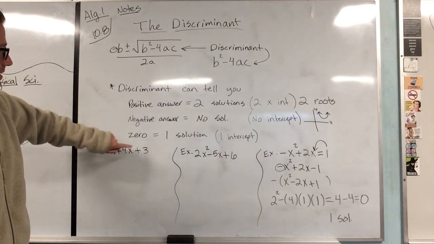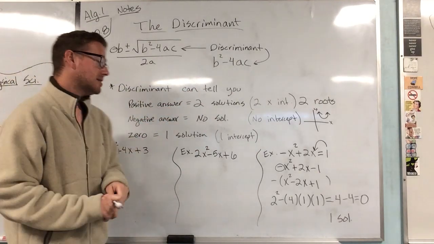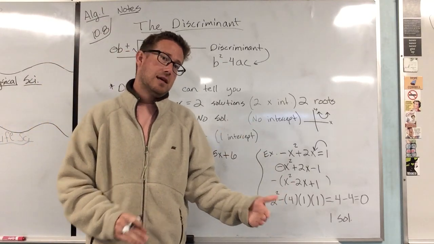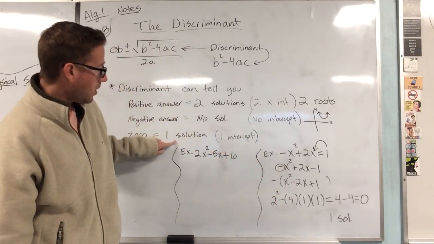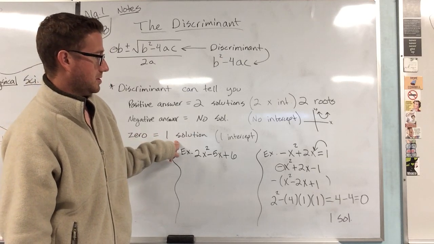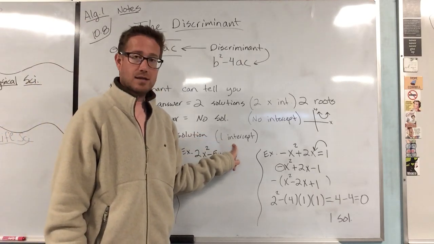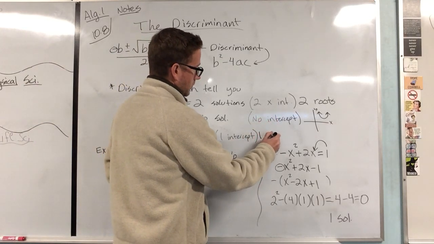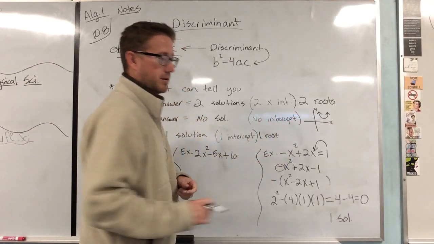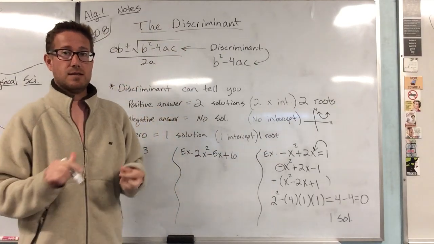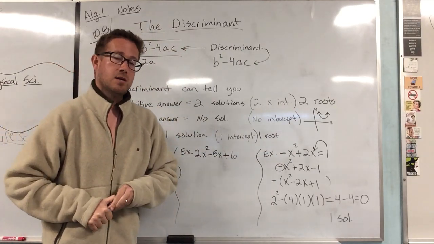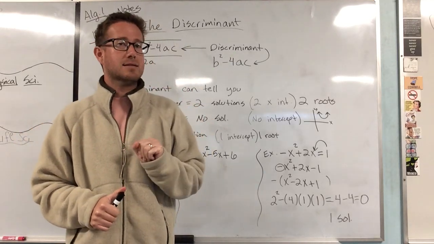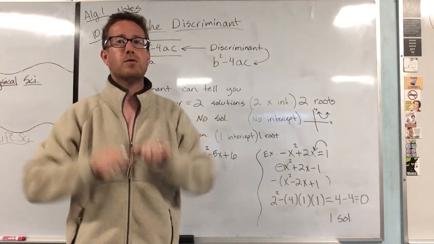All right. Now the final one here is if you just get 0. If you get 0 as your discriminant, that tells you that you have 1 solution, which is the same thing as saying you have 1 x-intercept, which is also the same thing as saying you have 1 root. This is where the graph is simply going to touch the x-axis and then completely move away from it.